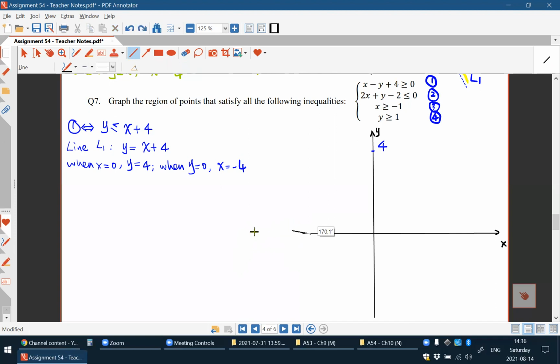Let's extend the axis a little bit. -4 should be about here.